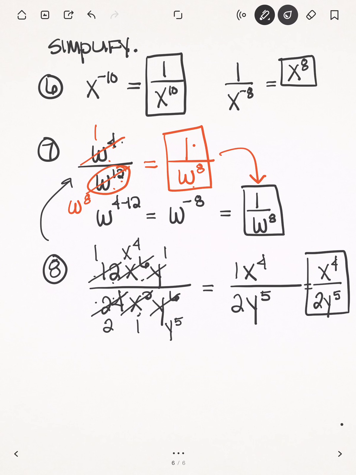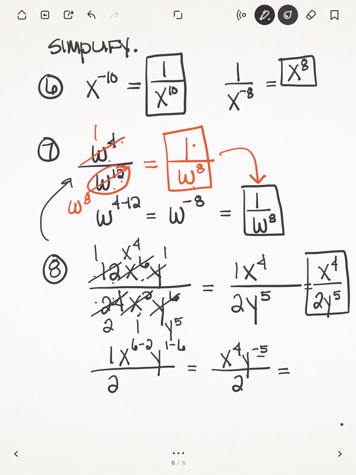Now, for those of you who like to do the subtracting of exponents, you could say my 12 over 24 reduces to 1/2. Then I have x to the 6 minus 2 and y to the 1 minus 6. And simplify. So that's going to be x to the 4th, y to the negative 5, all over 2. You'll notice that you have this negative exponent that you can't leave.